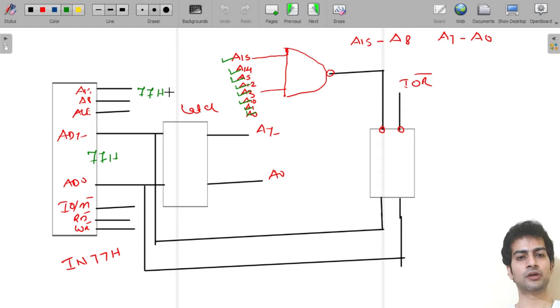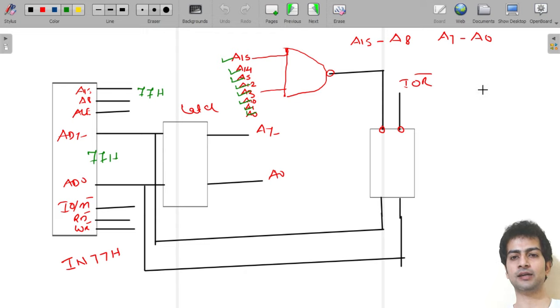In this architecture, suppose one arrangement is given in which the inputs at the NAND gate are A15, 14, 5, 12, 3, 10, 1 and 0.